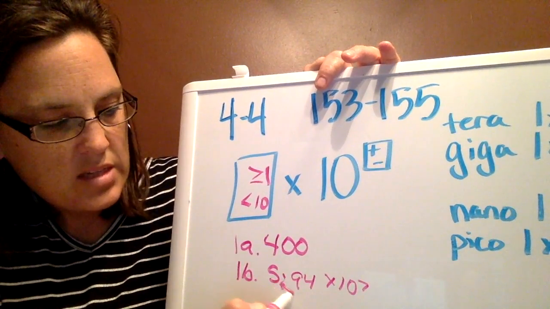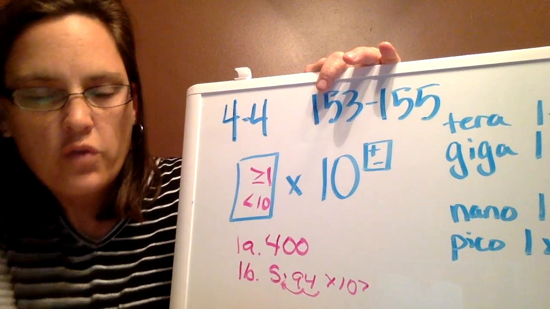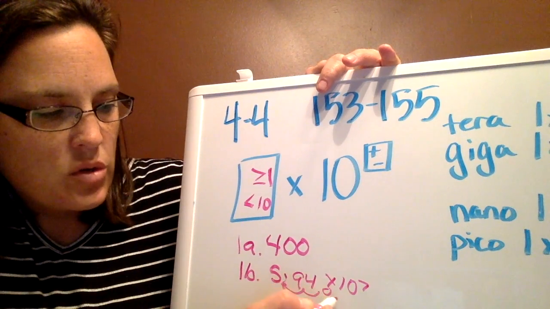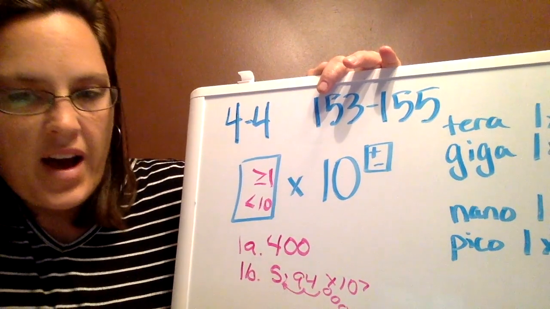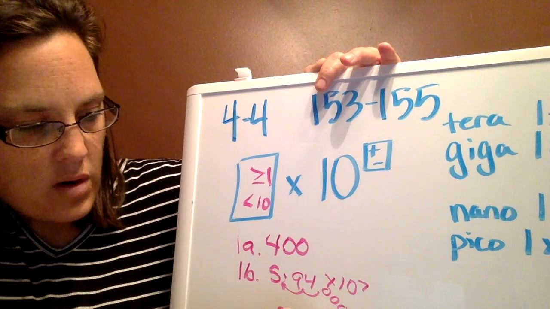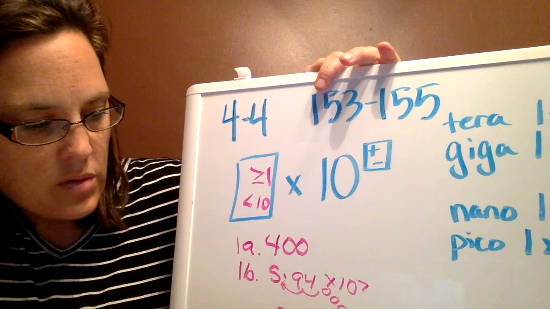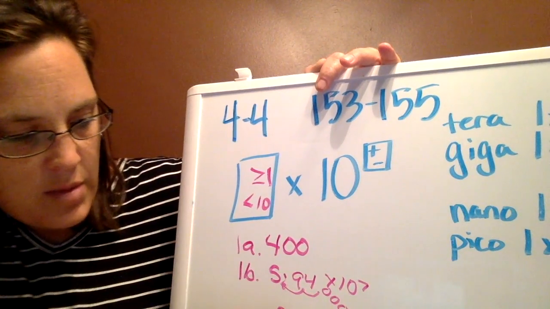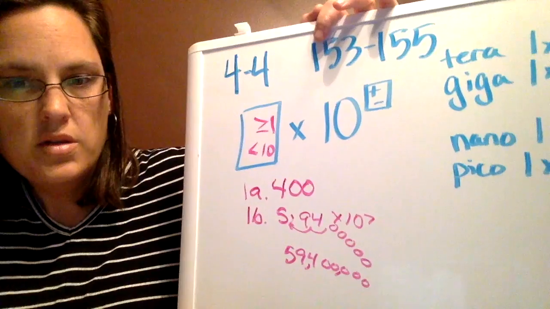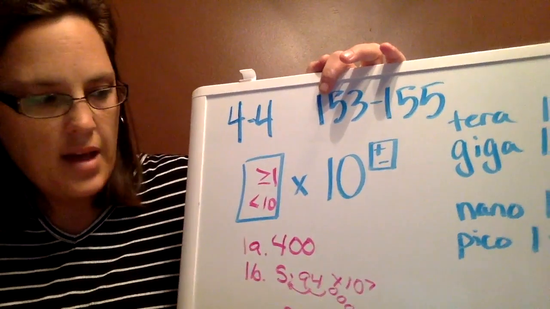So 2 of those decimal places will be taken up by moving it over to the right of the 4, but then we'd have to add an additional 1, 2, 3, 4, 5 zeros. And so what we have here is 59,400,000. And if we put our commas in, we get 59,400,000.